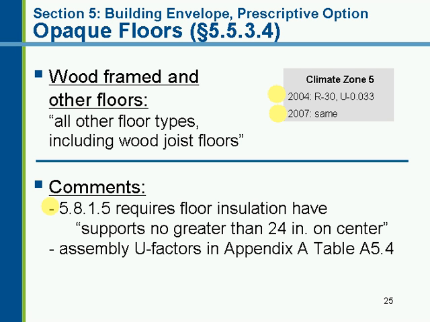So if you have a wood joist floor and the insulation is the same thickness as the joist is deep, then it works out fine to just string some wires across the bottom of the joist to hold the insulation in place. However, if the insulation is not as thick as the joist is deep, then you need some other bracing between the joists to make sure that the insulation is held up against the floor in substantial contact. And here the alternate assemblies are listed in Appendix A, Table A5.4.